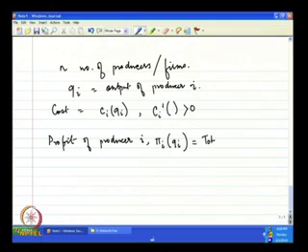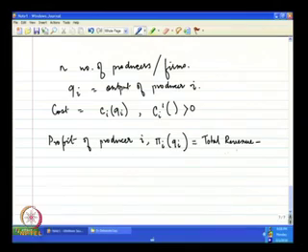Profit for any producer is the total amount of money that he is getting by selling his goods to the market. That is what is known as total revenue. The total amount of money a producer gets by selling his goods in the market, minus the total cost, the cost that he bears to produce that level of output, and this entire thing must be a function of Qi.